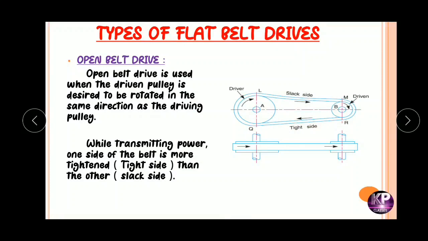If the rotation of the pulley is counterclockwise, then the upper side will be the tight side and the lower side will be the slack side. In this case, both the shafts revolve in the same direction. So this belt drive is known as open belt drive.